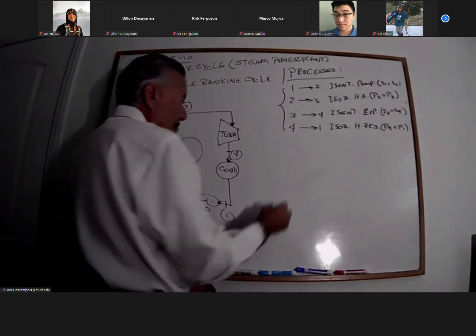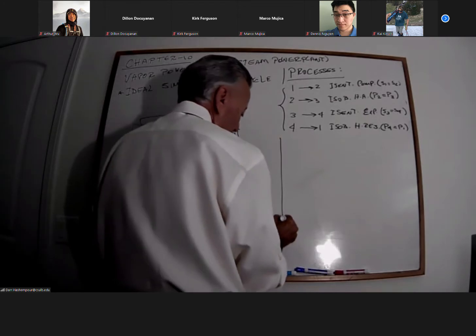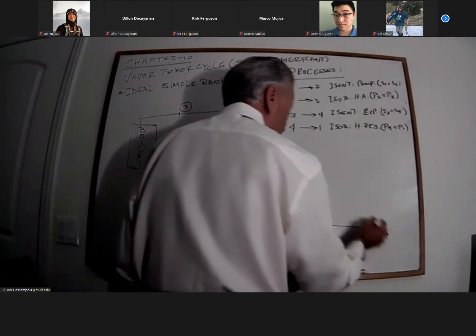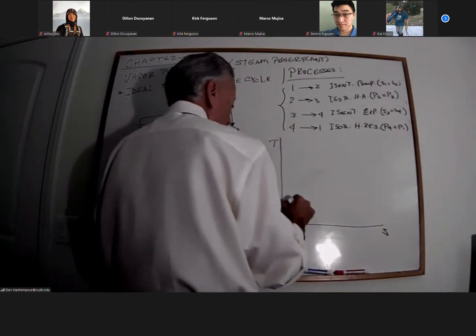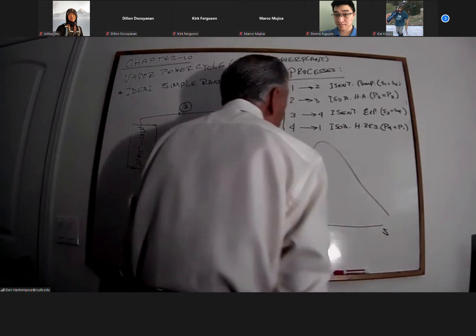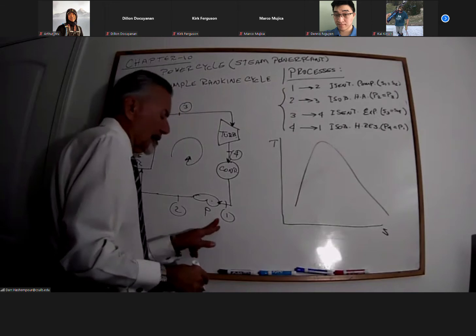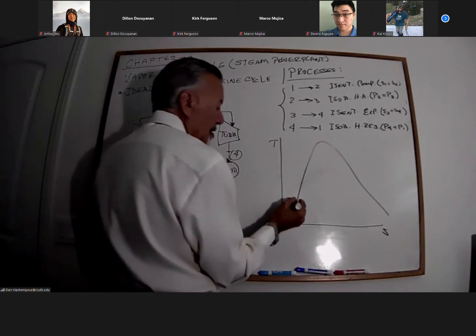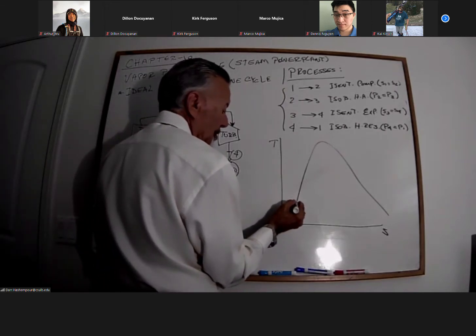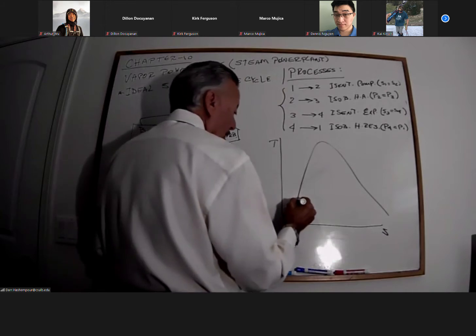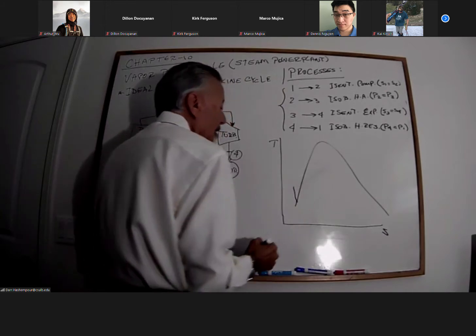Now, to do a TS diagram, I'm going to start my point 1 right on the saturated liquid line. So I go isentropically up.